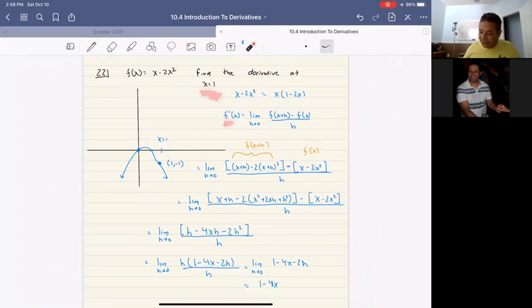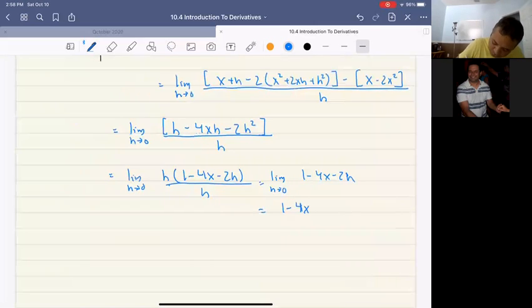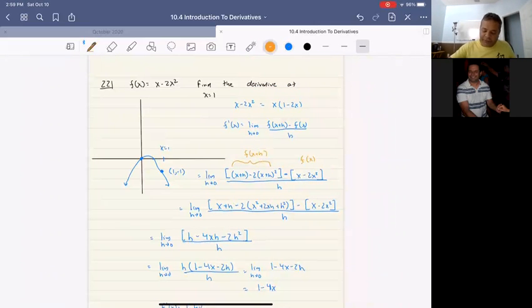So at x equals 1, that means we're going to do 1 minus 4, which is negative 3. So the slope of this line is negative 3.